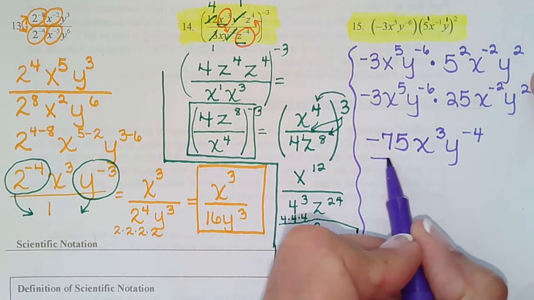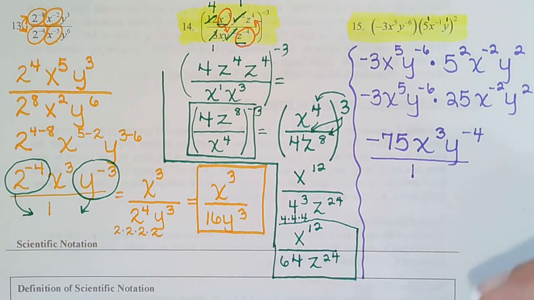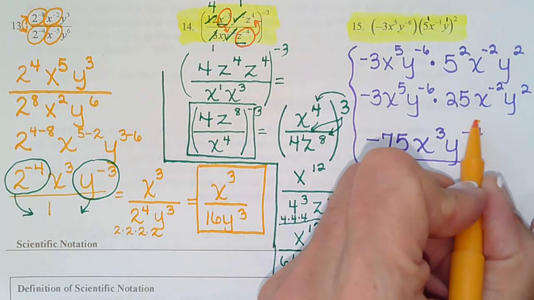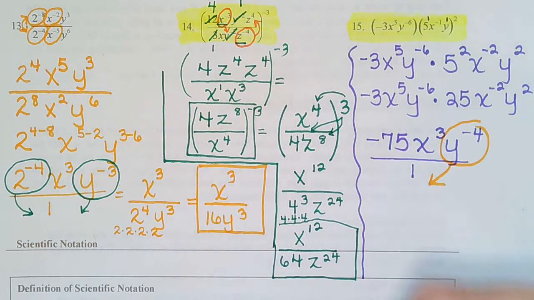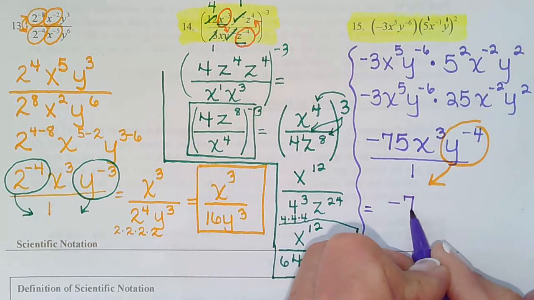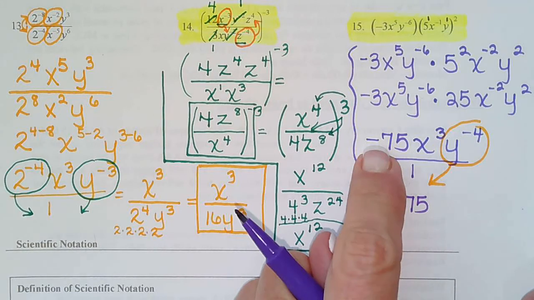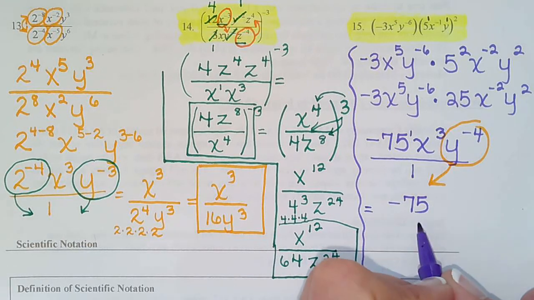One more step. Remember, we're never allowed to leave negative exponents. So any base that has a negative exponent needs to be moved to the other side of the fraction. So that becomes negative 75, and this doesn't have a negative exponent. It's a negative number. There's a big difference. Its exponent is 1. So negative 75.